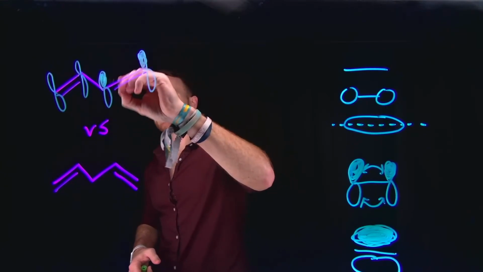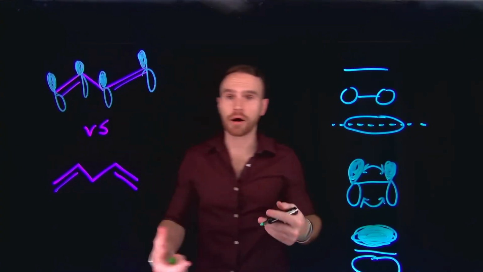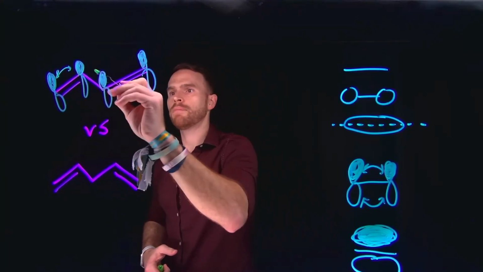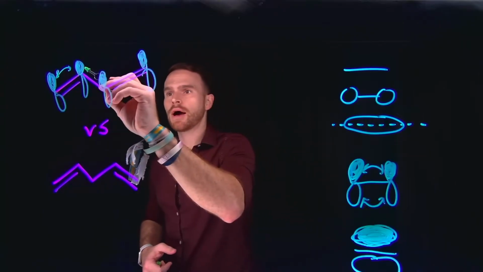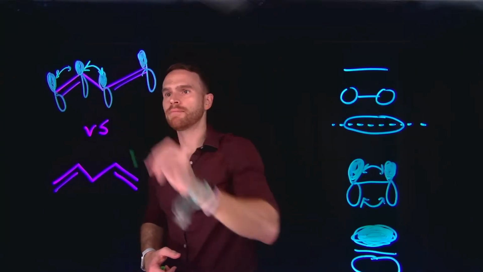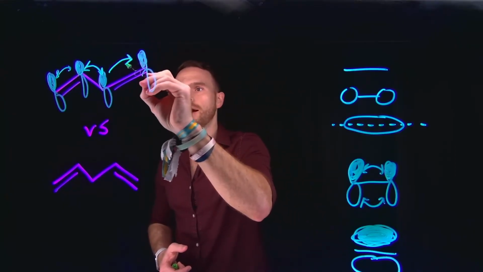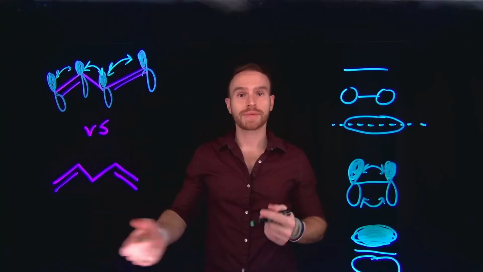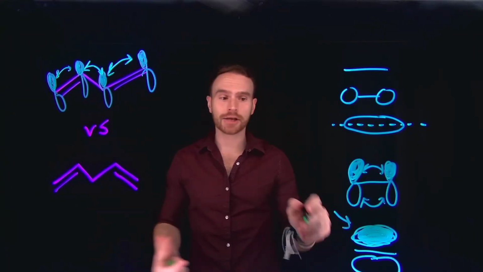Now, if we were to put in our shading so that they're all in phase, indicating a pi bonding orbital, we should see that we have overlap above and below between these 2 atomic orbitals. We also have overlap above and below these 2 atomic orbitals. And finally, we also have overlap between these 2 atomic orbitals.